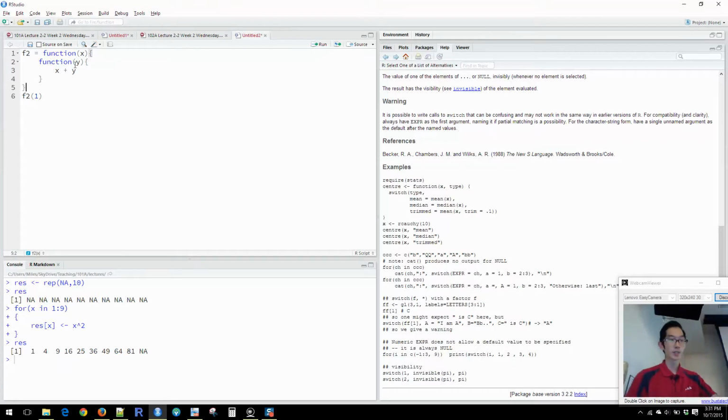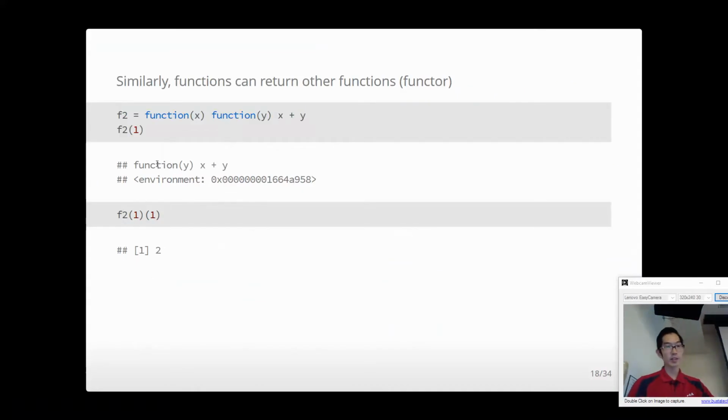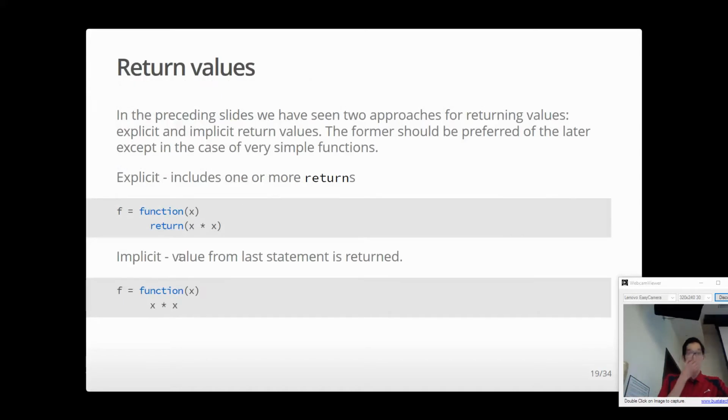So what is function x? Inside of that is function y, which is x plus y. So if we say give me function 1, what it's essentially doing is plugging 1 here, but then we could say f2 of 1 and 1, and then it'll process it, and it says 2. This would be a terrible way to define an addition function, but you could do it this way if you wanted to.